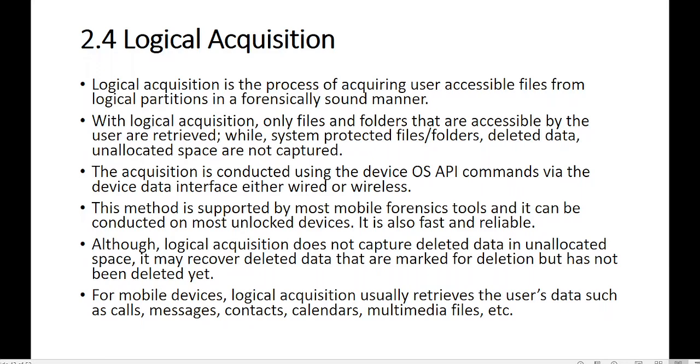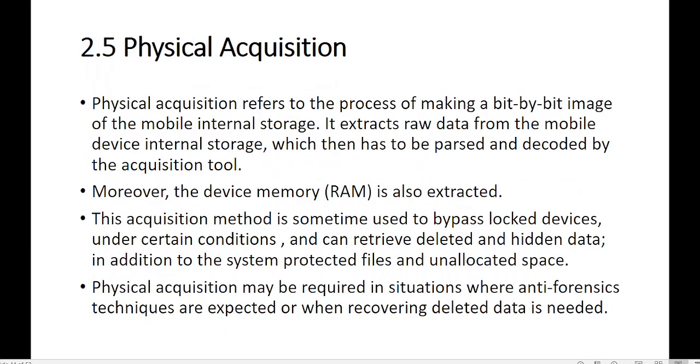Then we have the physical acquisition, right? Here is where you extract data bit by bit by imaging the internal storage. And we see that the external storage here represents the volatile areas, and we gave an example of what?